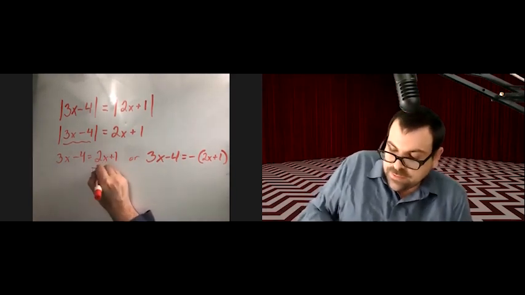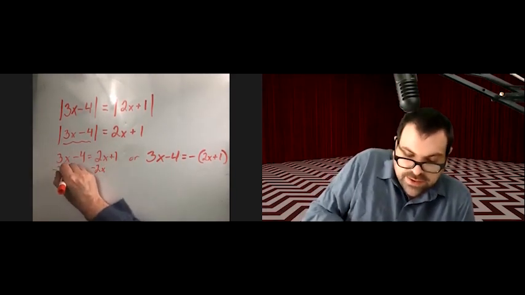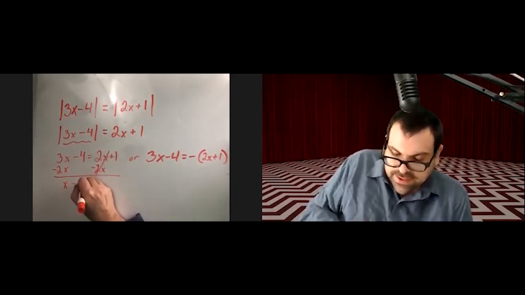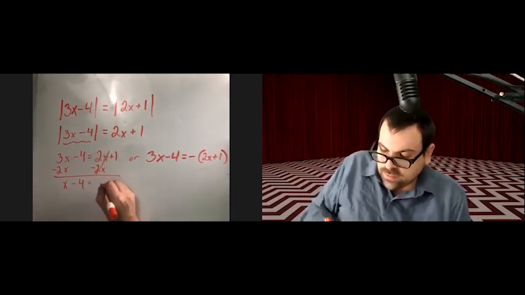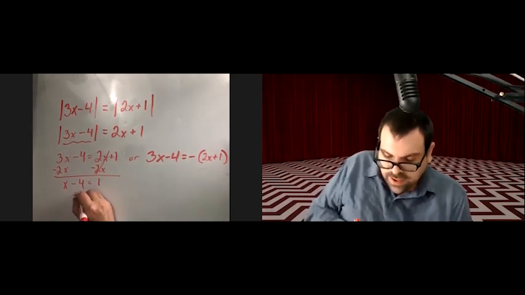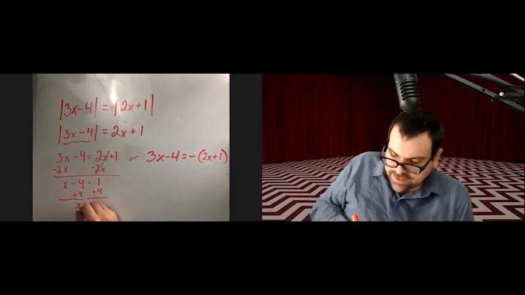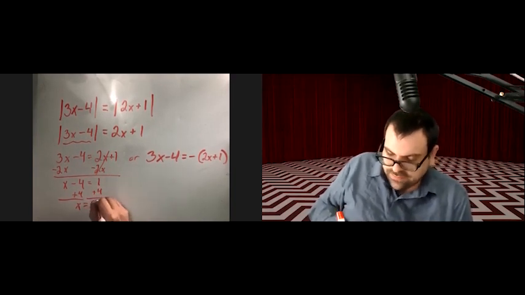So over here, subtract 2x from both sides. X minus 4 equals 1. Add 4 to both sides. X equals 5.